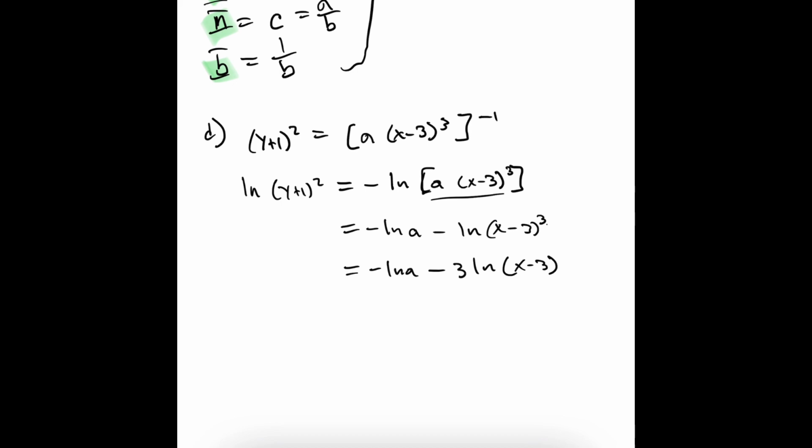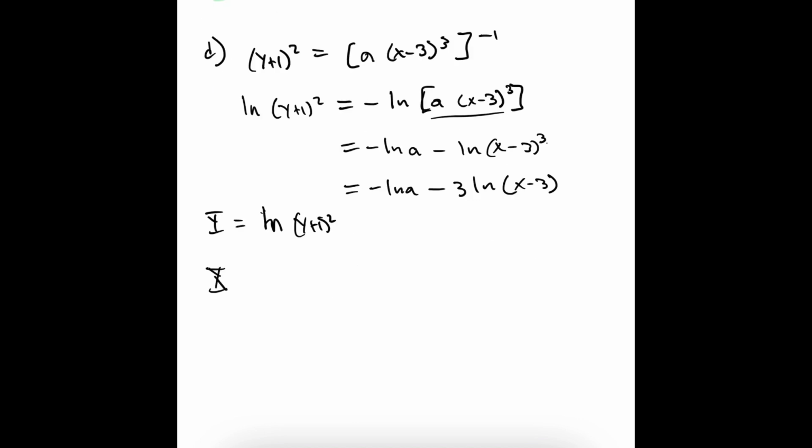Okay, so now we have our y equals ln of y plus 1 squared. X equals ln of x minus 3. M equals the slope, which is -3.